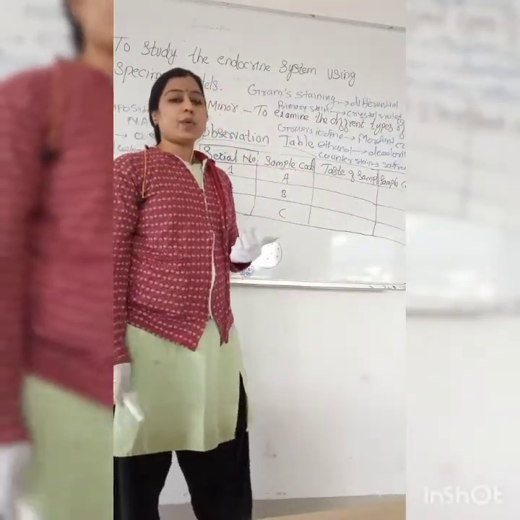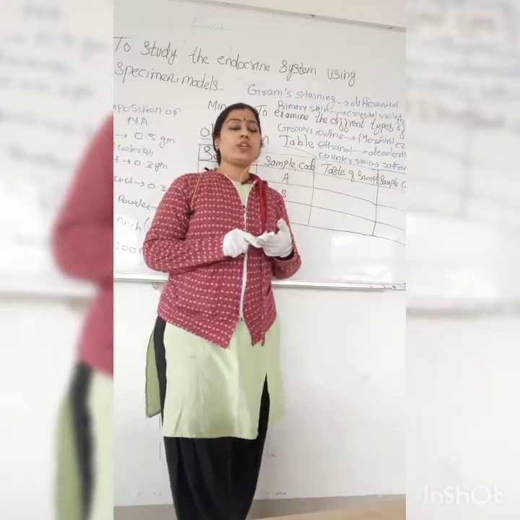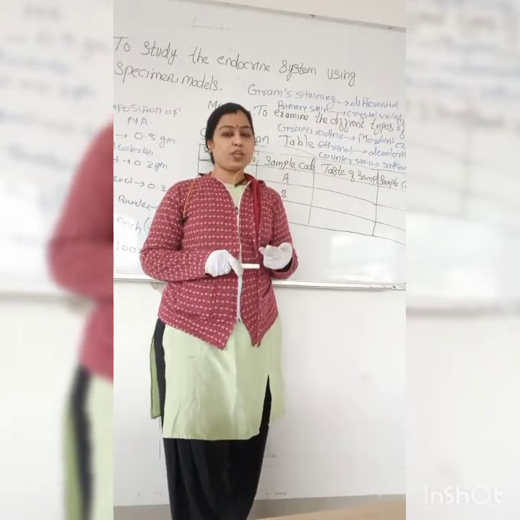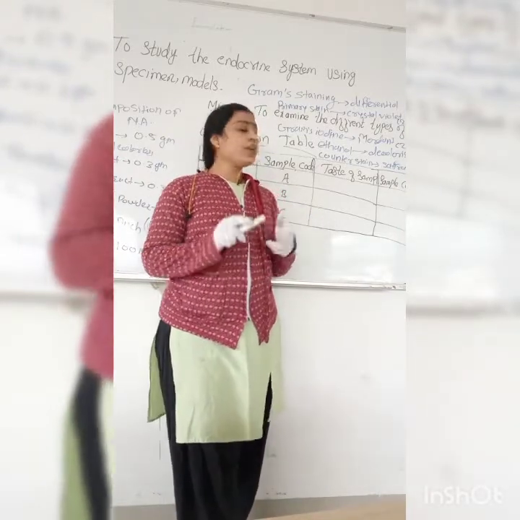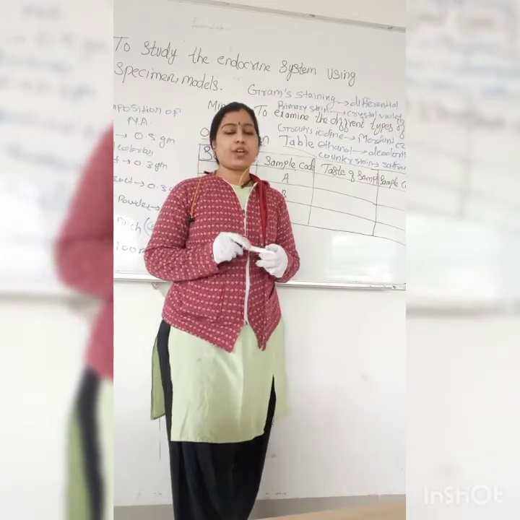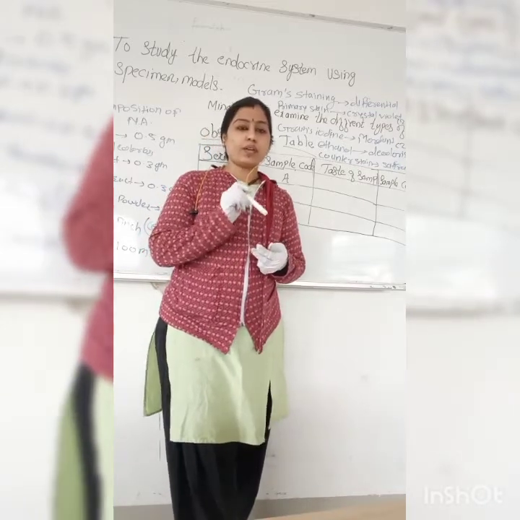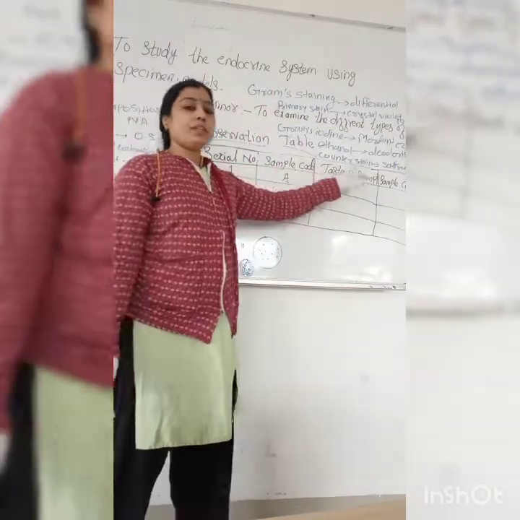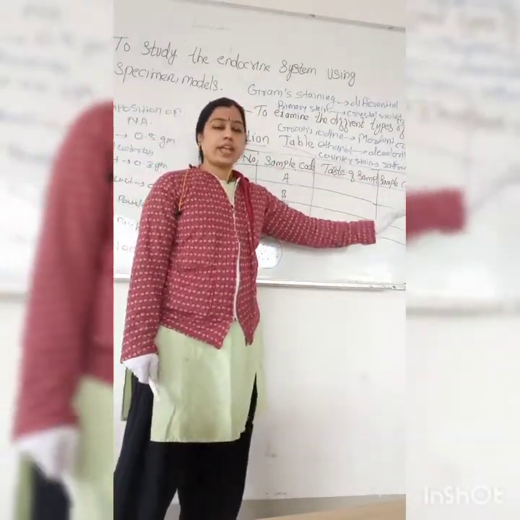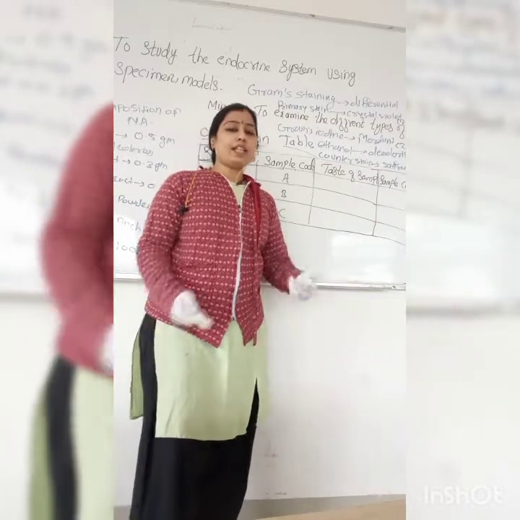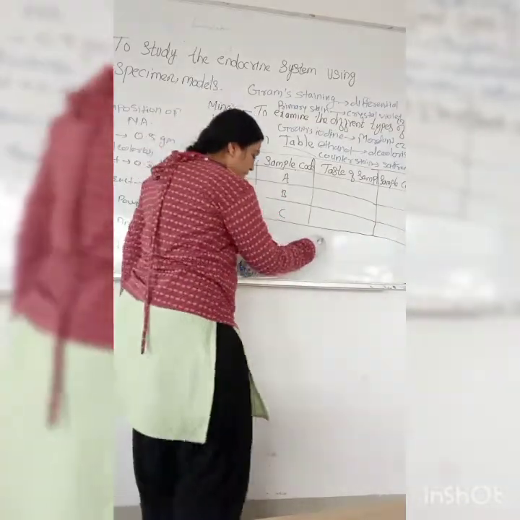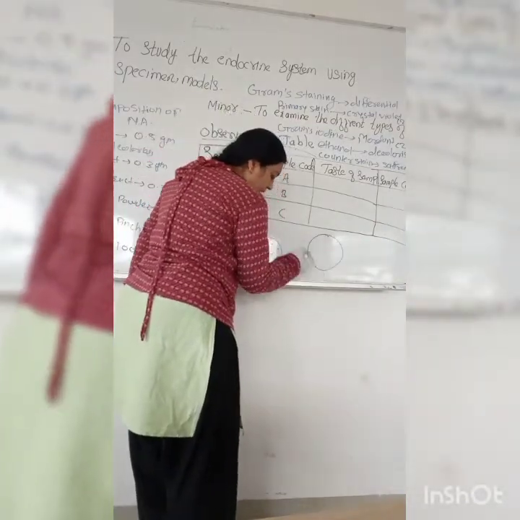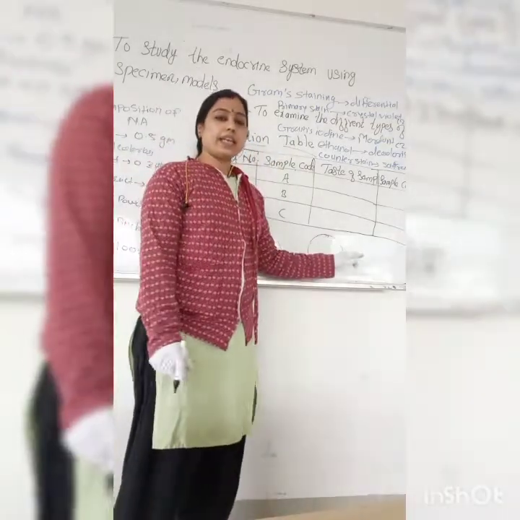After this process, we remove the excess stain into the basin, and then wash the slide with tap water, gently adding water drop by drop. The excess stain is removed, and we get a smear on which the staining is done.